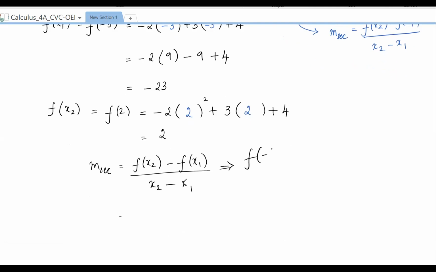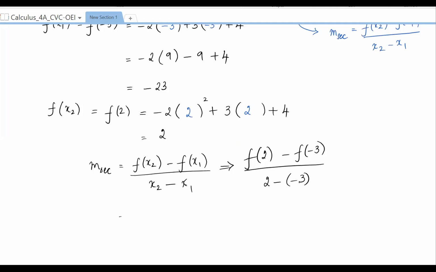So because x2 comes first, you need to plug in the 2, right? f of 2 minus f of -3 divided by 2 minus -3. Okay, we have learned this in algebra.